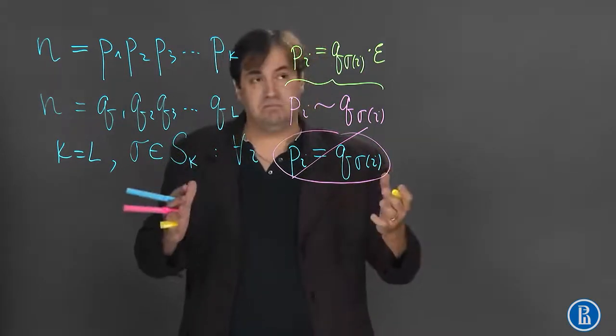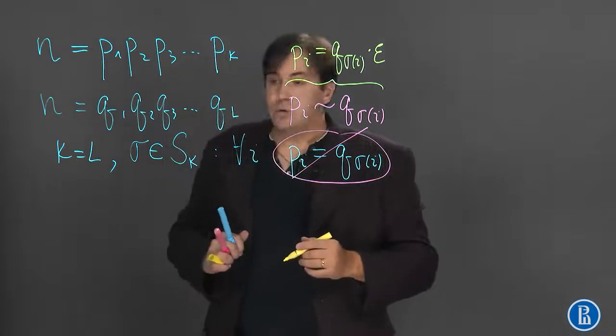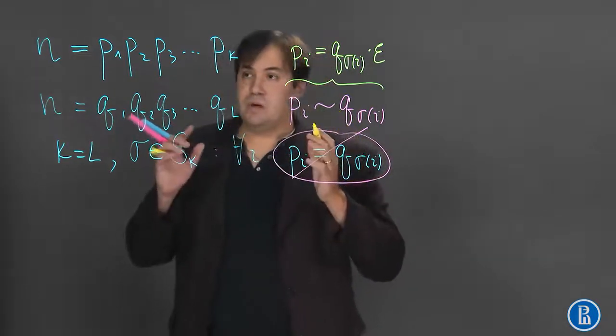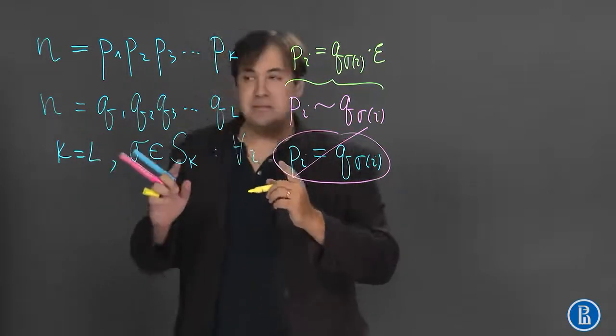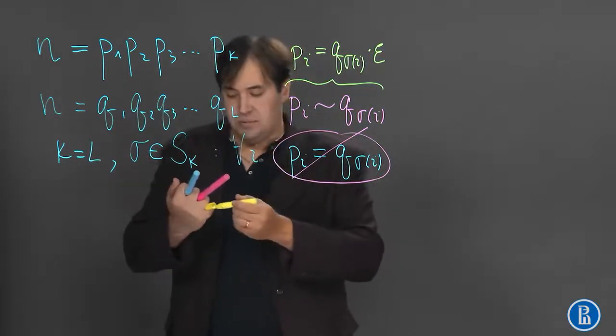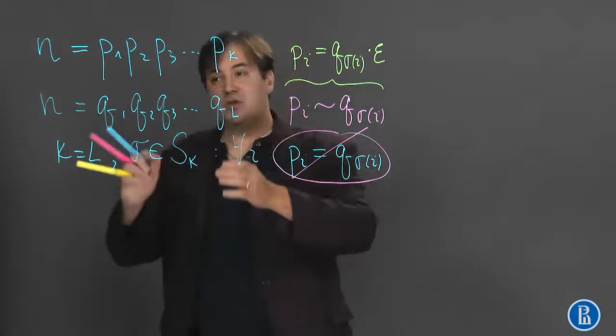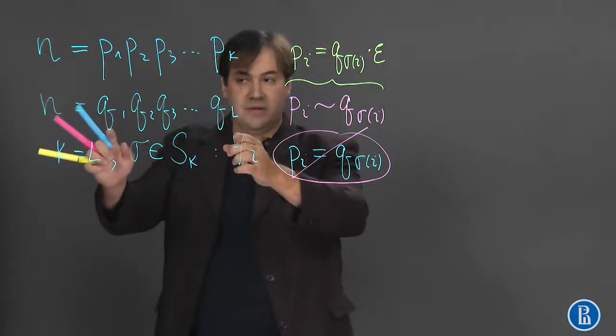Gives us unity. So once more, the uniqueness of decomposition into prime factors means that if we have two decompositions, then the number of prime factors must be equal in both of them.